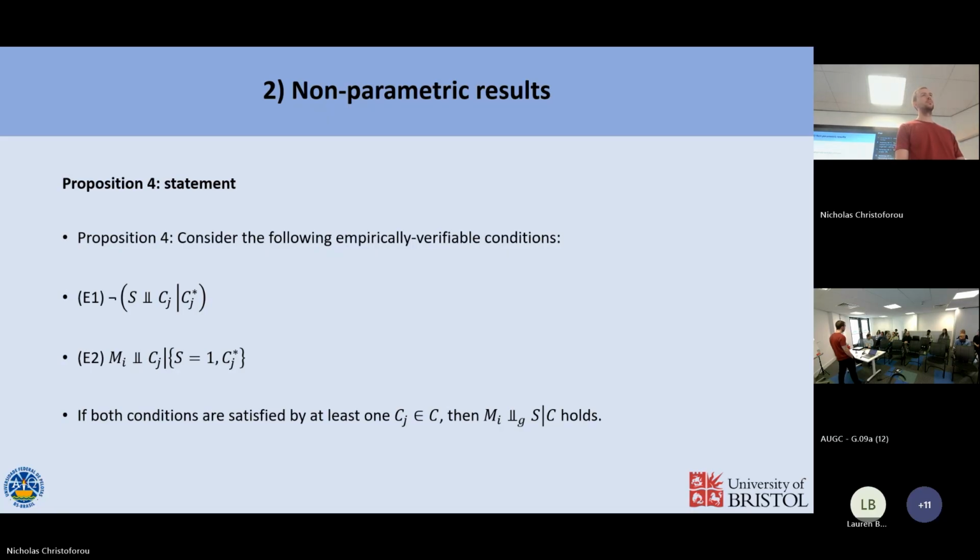Does that come in the faithfulness assumption? That falls partly under faithfulness, but not only, and I don't think it's the assumption that's mostly relevant.